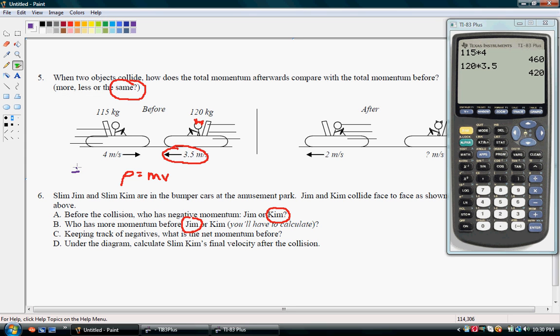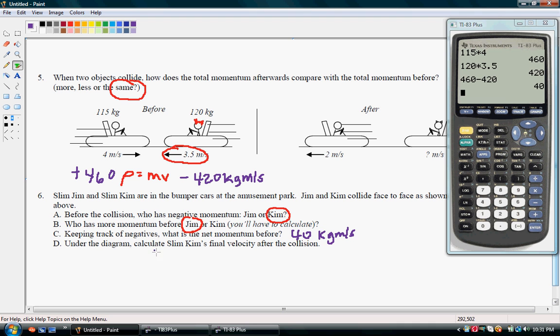So this is going to be a positive 460, and this is going to be a negative 420 kilogram meters per second. So we add these together, 460 and minus 420, and we get a net momentum of 40. So the sum of our momentums before is 40 kilogram meters per second.